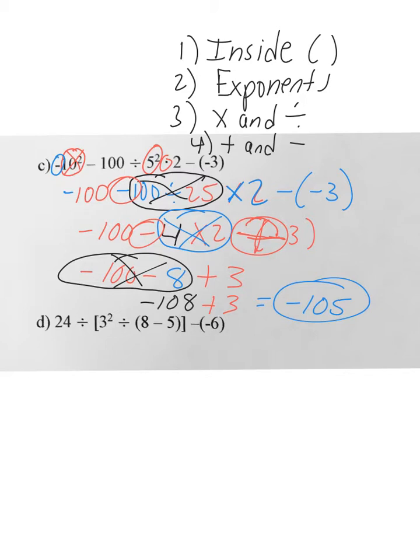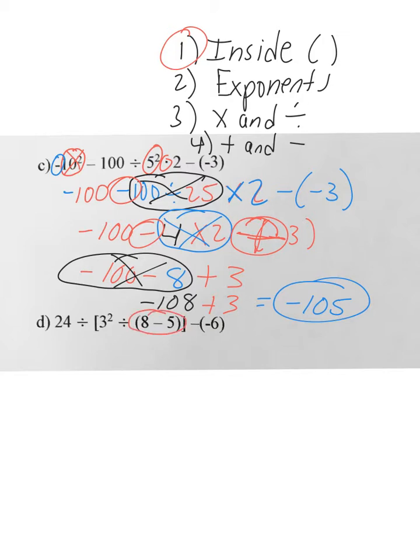And finally, D. We got 24 divided by solid bracket there, 3 squared divided by parentheses 8 minus 5, close parentheses, close bracket minus negative 6. So we're going to do inside parentheses first. And I briefly mentioned earlier that when you have parentheses inside parentheses, you do the inner parentheses first.